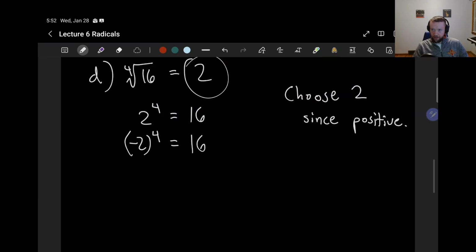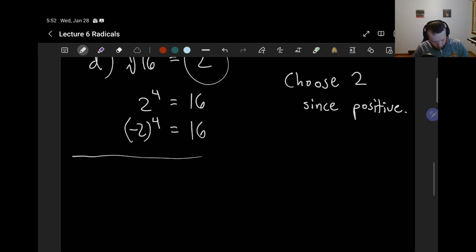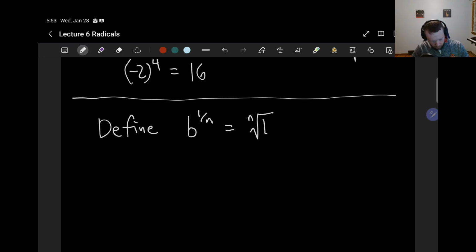There is a connection to exponents besides this being the reverse process. You can actually frame these as exponents themselves. Let's define b to the 1 over n, assuming n is positive. This is the nth root of b.